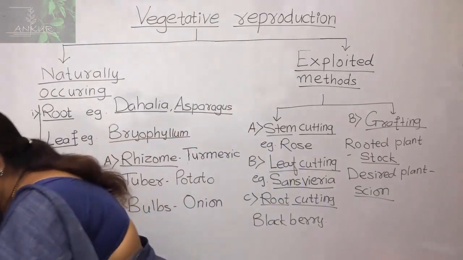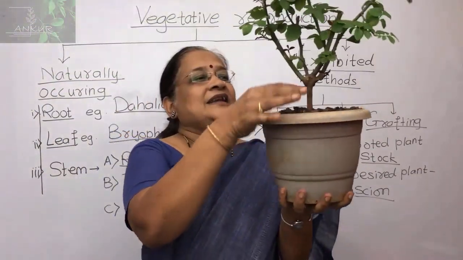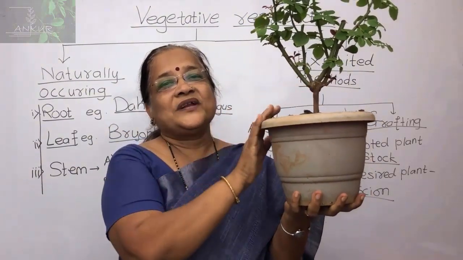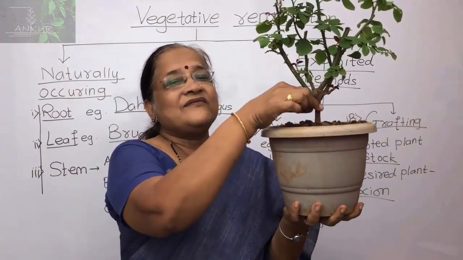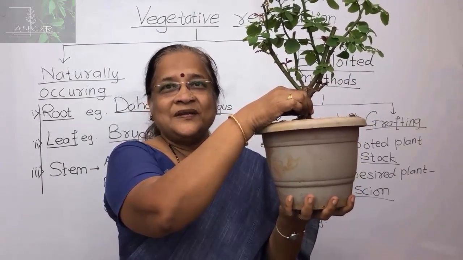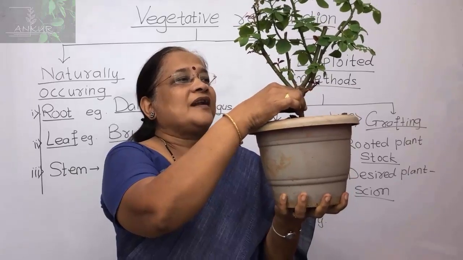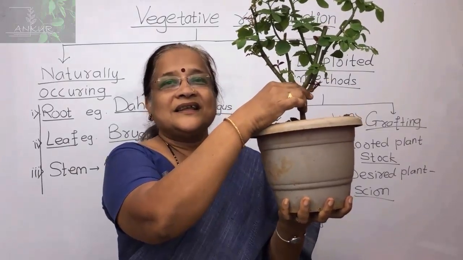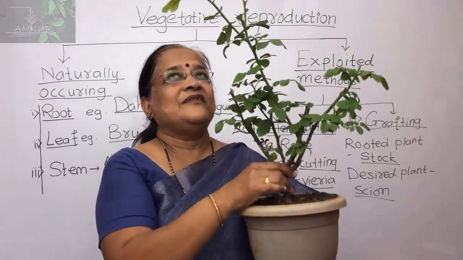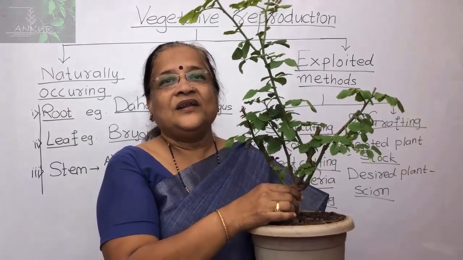So here I will show you one plant, the rose plant. In that, this one is the stock, which is rooted in the pot, and this is the wild variety of rose, which has vigorous growth and is sturdy, and on that we have grafted another plant's bud, another rose variety which is the desirable one, with good looking flowers.